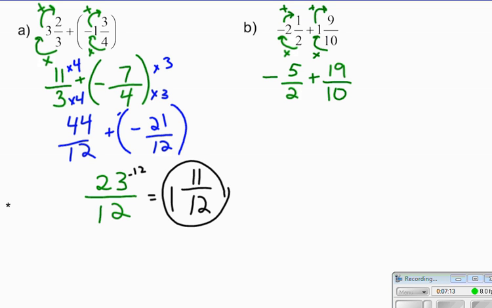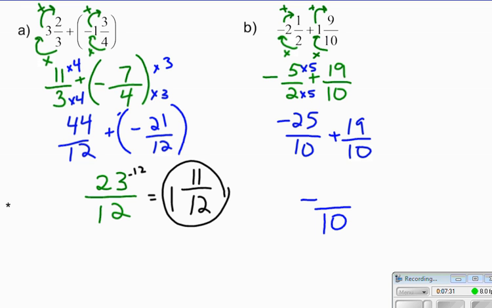Don't have a common denominator, but I can turn halves into tenths by multiplying by 5. So now we get -25 over 10 plus 19 over 10. And -25 is the larger number, so we're going to have negative tenths left over. And the difference between 25 and 19 is 6, so -6 tenths.